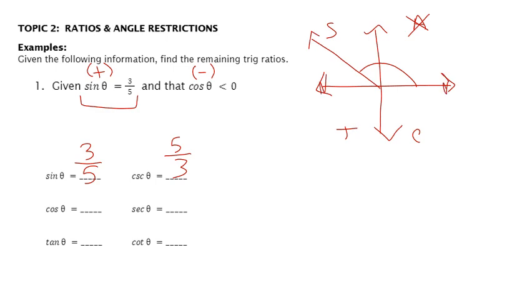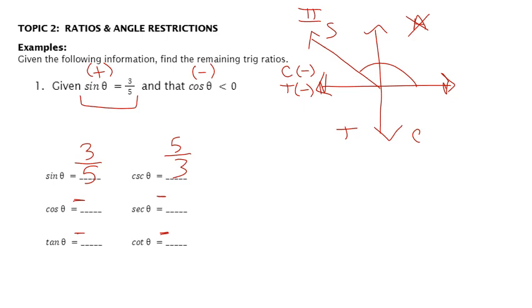And so a few things we know here. So if sine is positive and it's in quadrant 2, that means cosine is negative and tangent is negative. So I'm actually going to put those little signs there. So I remember that the other ones are all going to be negative.